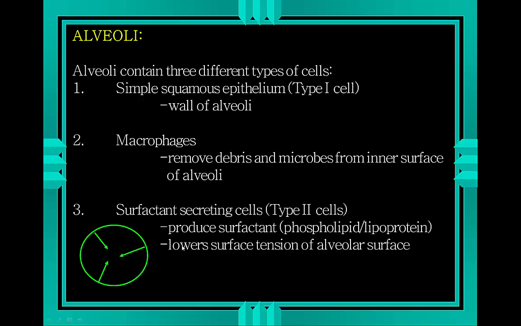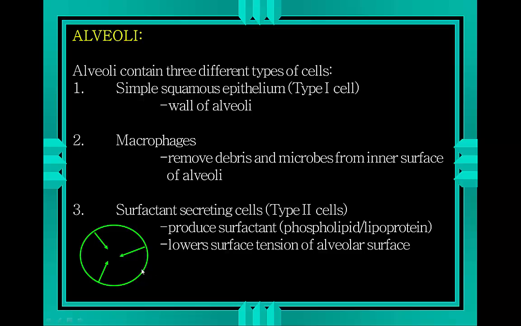It would be very difficult, and it would make the work of breathing much higher than it currently is. So in order to overcome that, we need the liquid to optimize gas exchange. We don't want water molecules bonding together very firmly, so we need to produce something which weakens the bonds between the water. And this is what surfactant does.